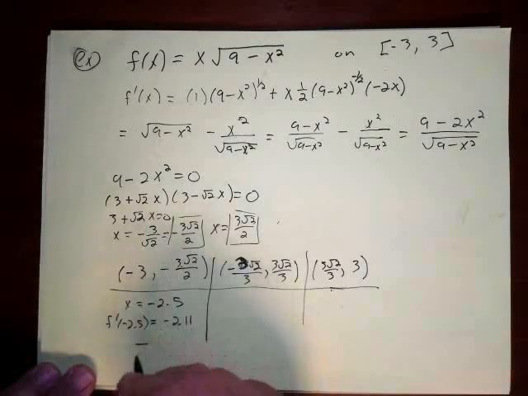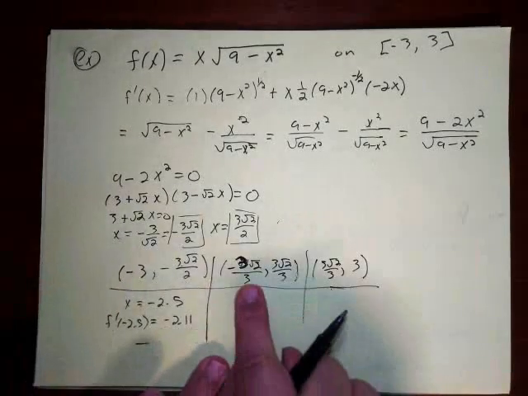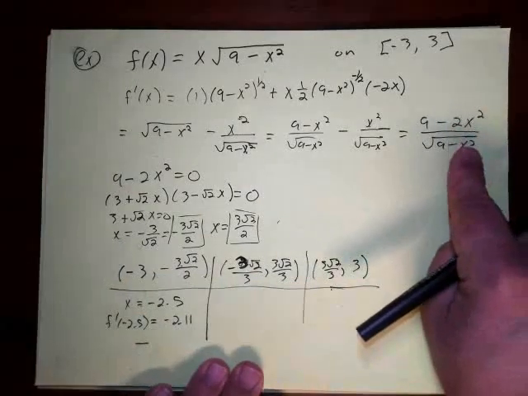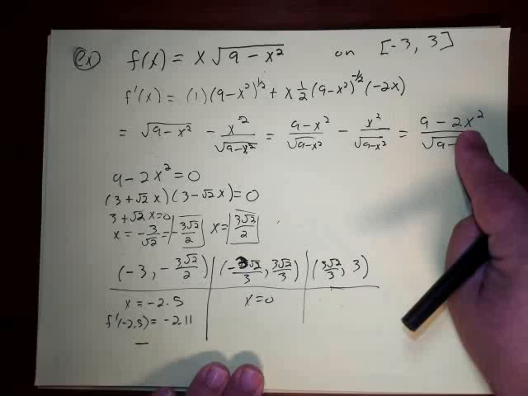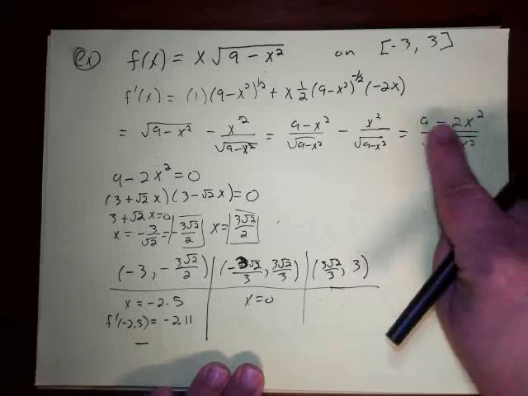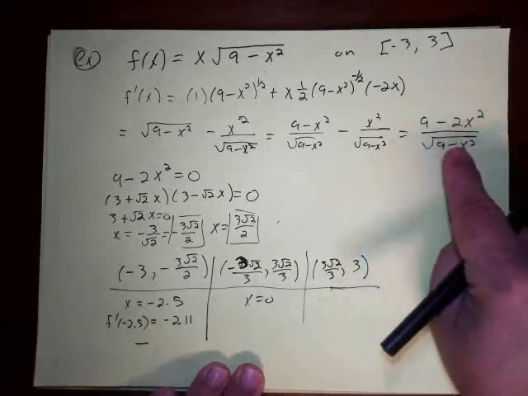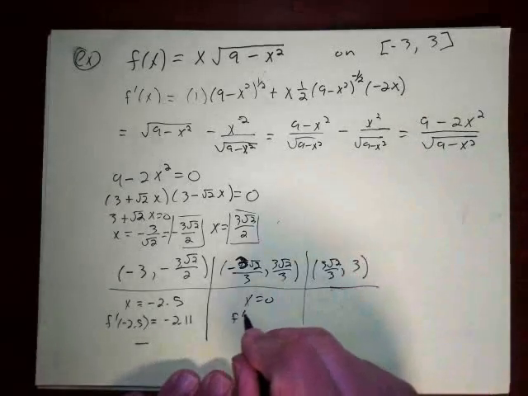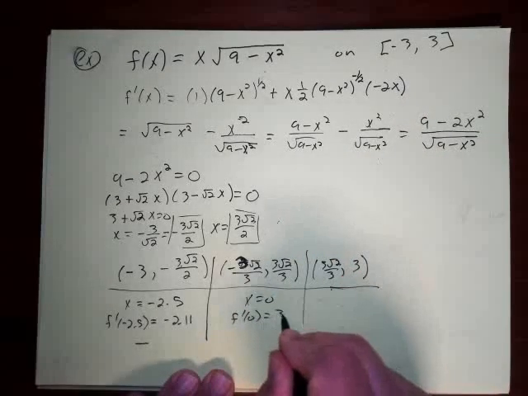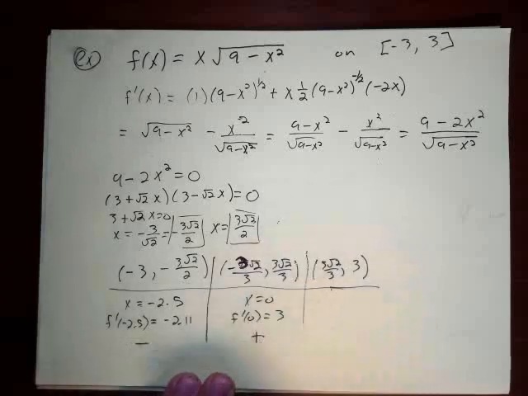So it's negative here. In the middle interval, the best point is choosing 0. When you plug in 0 here, this just becomes 9, this becomes the square root of 9, which is 3, and 9 divided by 3 is 3. So this is 3, and that's positive.